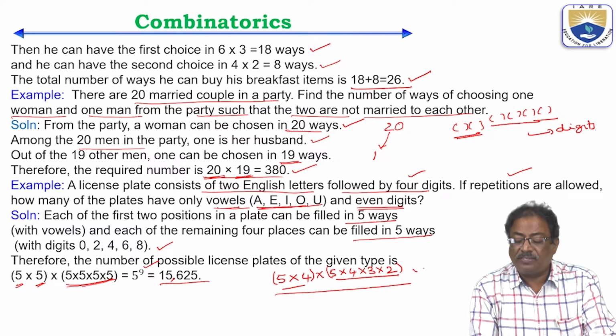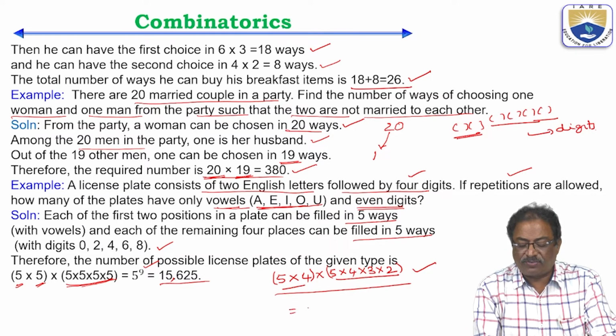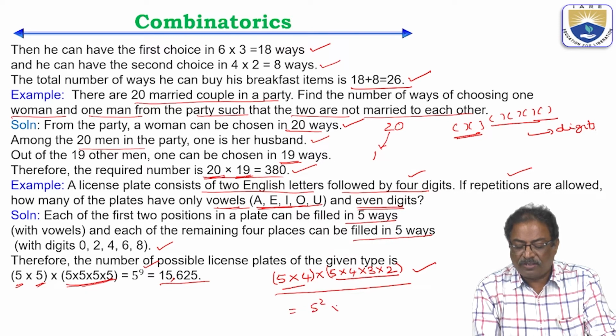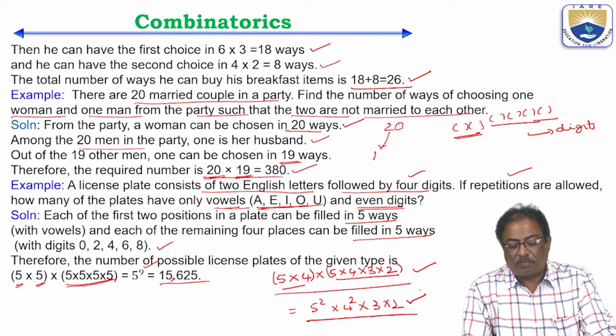So if repetitions are not allowed, we get 5 squared into 4 squared into 3 into 2 possible license plates.